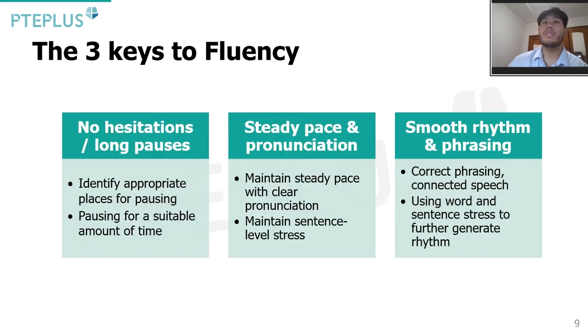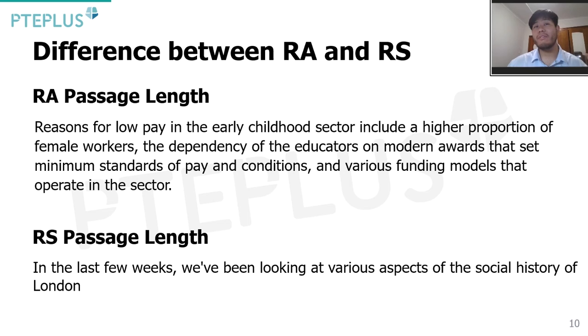So fluency requirements 2 and 3 are quite similar to what we have in read aloud. So remember, there are a total of 3 keys to fluency. 1 is no hesitation or long pauses, 2 having a steady pace and good pronunciation, and 3 having smooth rhythm and phrasing.